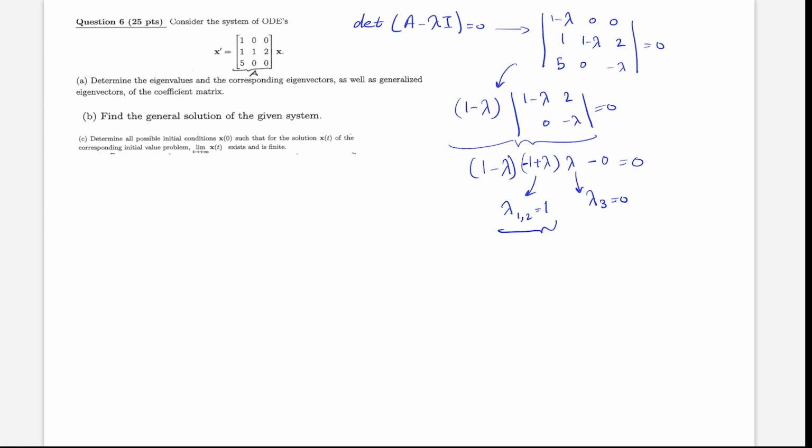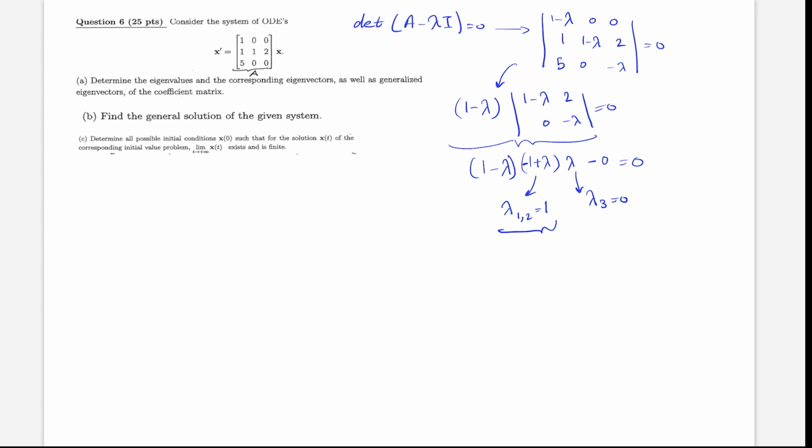So remember that we want to find 3 eigenvectors which are independent. But from this eigenvalue 1, we can only get one eigenvector. So we need another additional eigenvector, which is a generalized eigenvector, to solve the system.